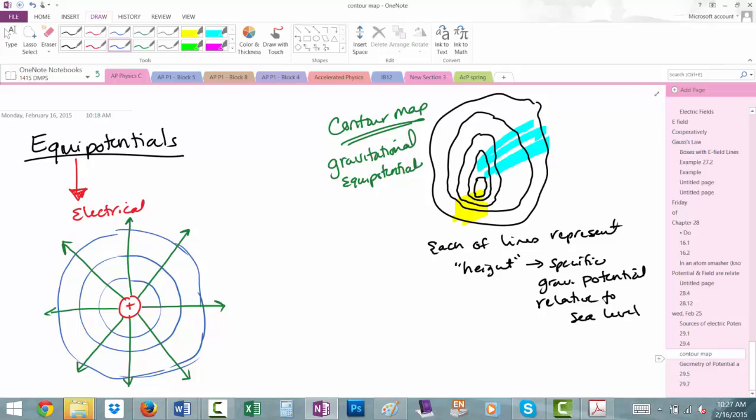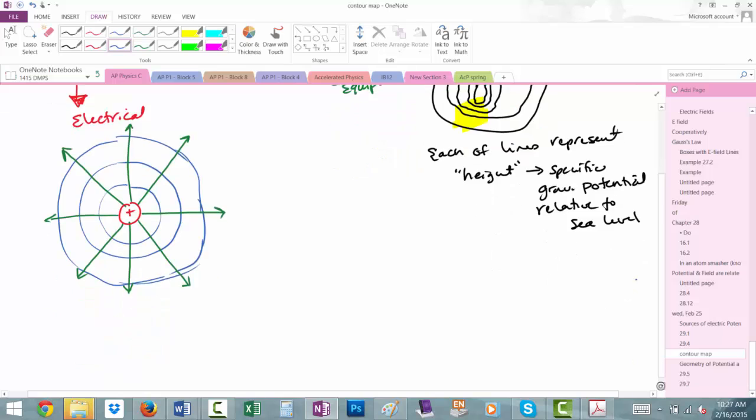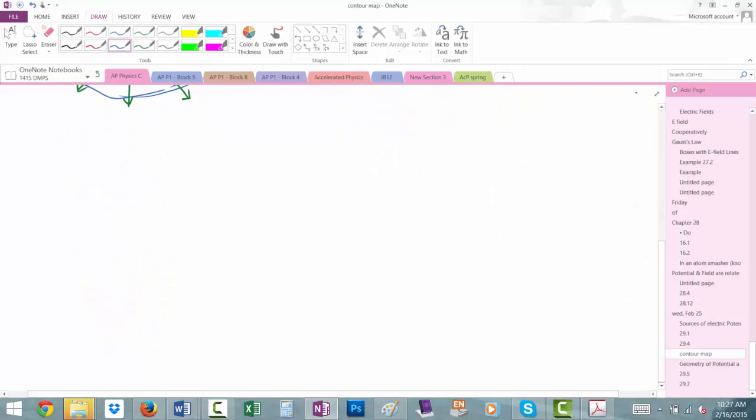Let's see. What else do we need to say? Oh, so I wanted to look at another, more specific situation. There's a picture in your book that has this as well, but I'm just going to sketch it out. Generally, we draw equipotentials as dotted lines. So if I've got two equipotentials like this, I'm going to call this one V minus and this one V plus.